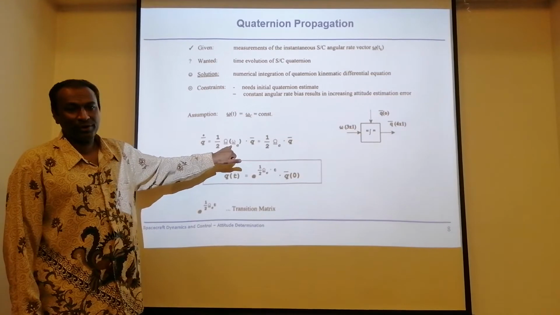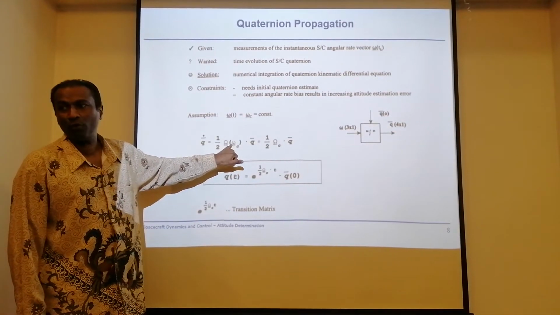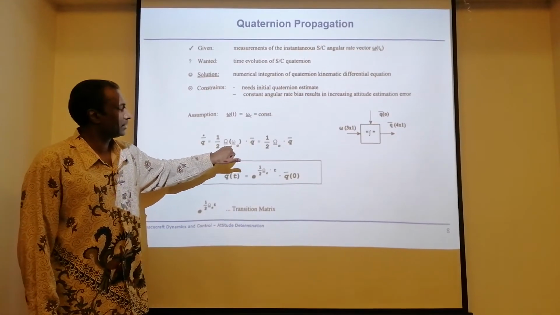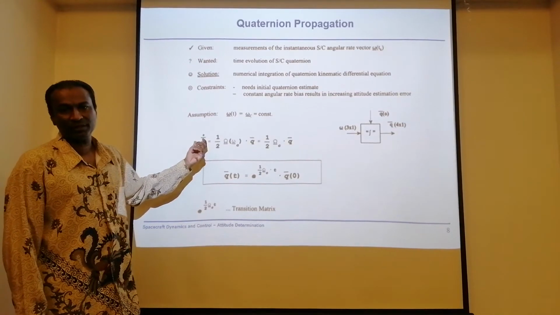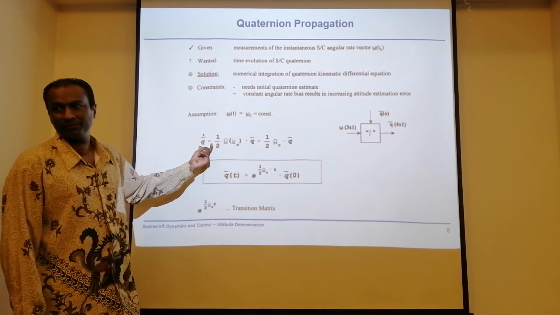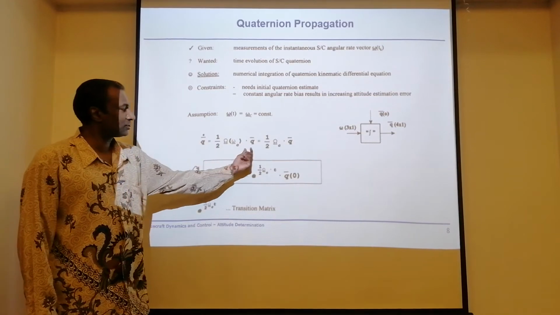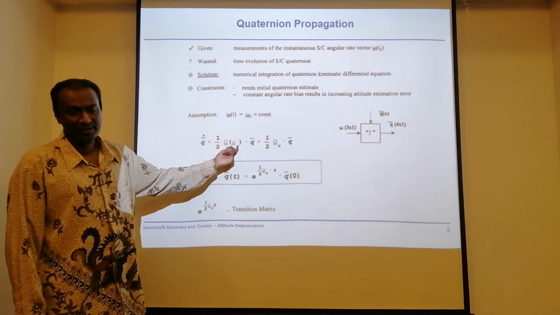Every time, the measurement is going to give us this input of omega. Keep on updating this omega, and we should be getting a new quaternion, new quaternion, new quaternion. So, as you can see, initial, then you have the omega.